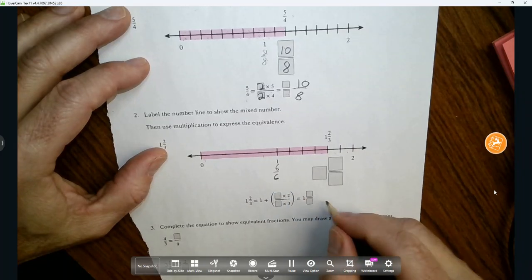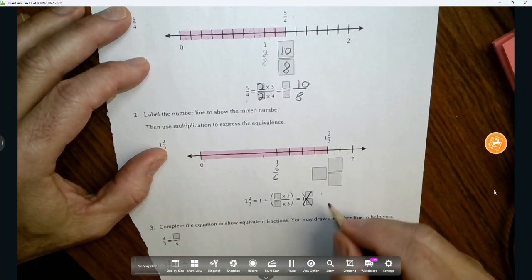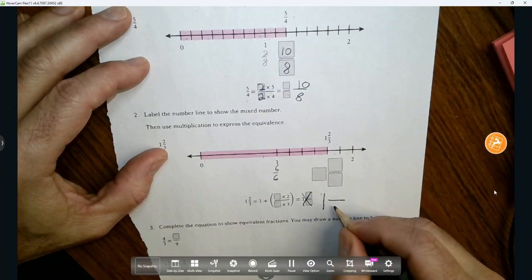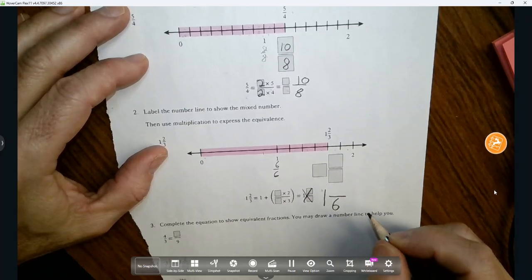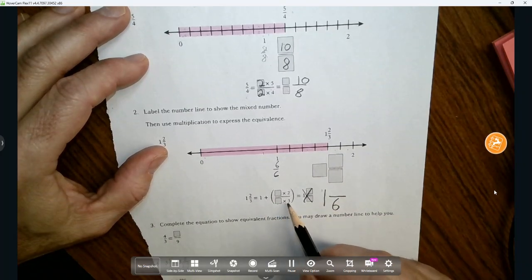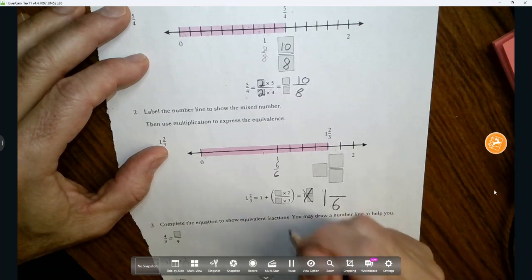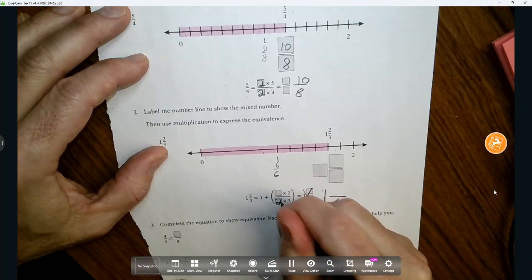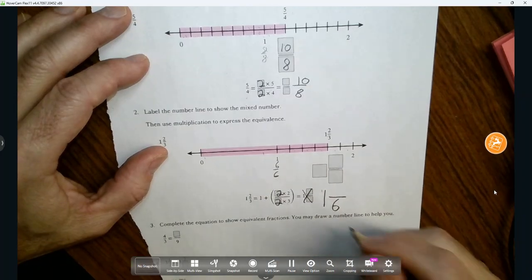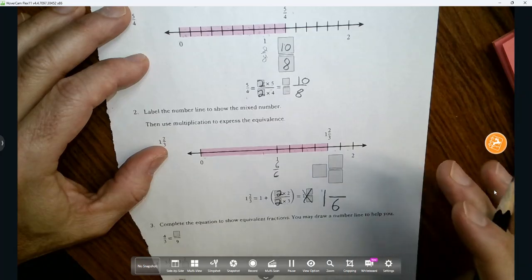I'm crossing this out and doing it right here. I have 1. My bottom number is going to be 6. What did I have to multiply 3 by to get to 6? So 3 times what equals 6? What's your answer? 2. The 1 doesn't change. We leave that 1 alone.